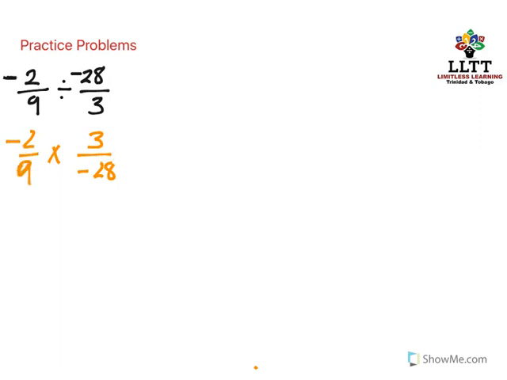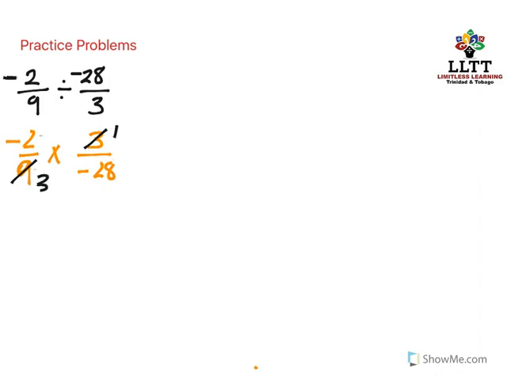Now I'm going to try and look for things that are common between each other. I have 3, there's 3 and 9. 9 and 3 both have 3 in common, as in 3 divided by 3 gives me 1, and 9 divided by 3 gives me 3.